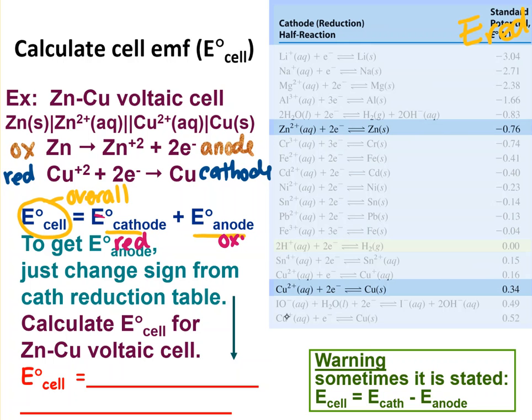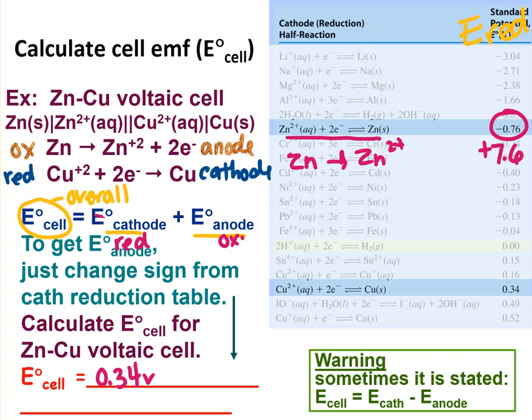These are reduction reactions, and so I would look at my copper as the one being reduced, and I would pull that number off. It's 0.34 volts. Okay. But when I go to look at my anode, my zinc is in the wrong order. My reaction is zinc solid going to zinc ion. So what I'm going to do is take that number and change its sign.